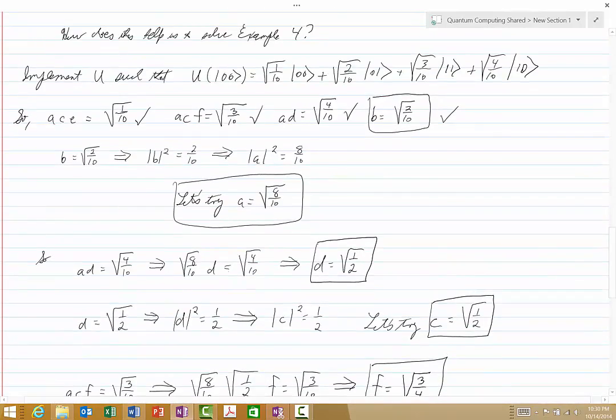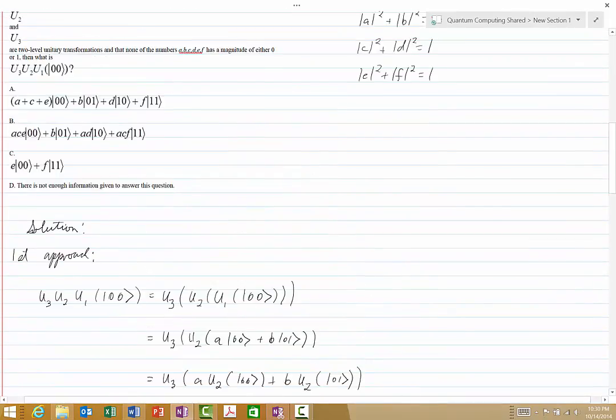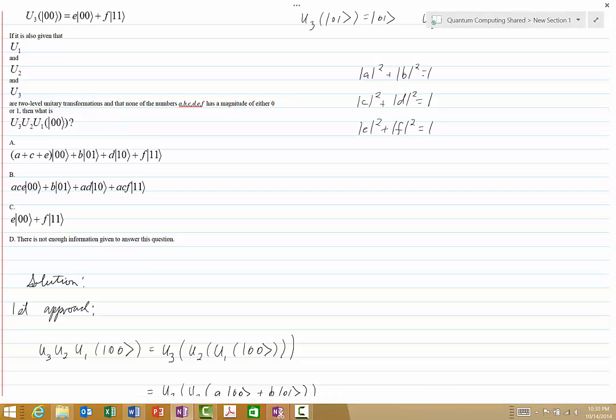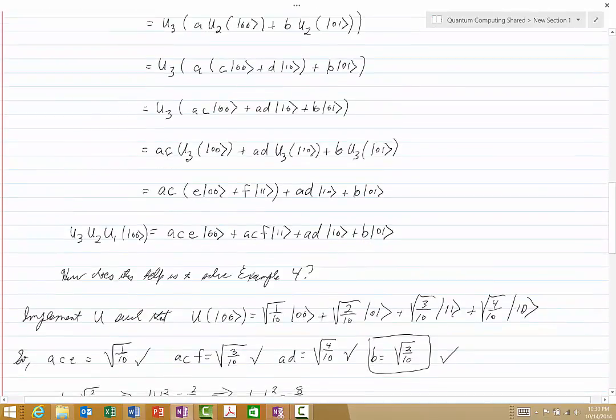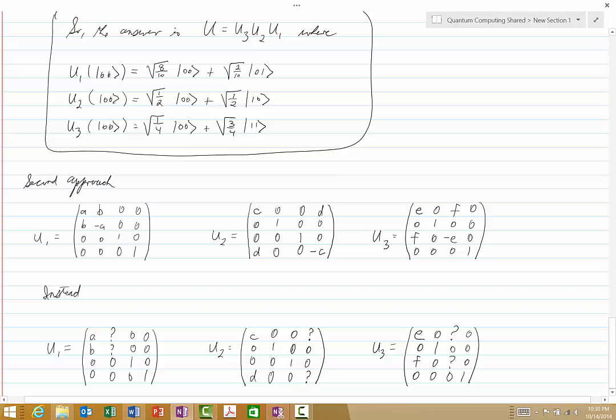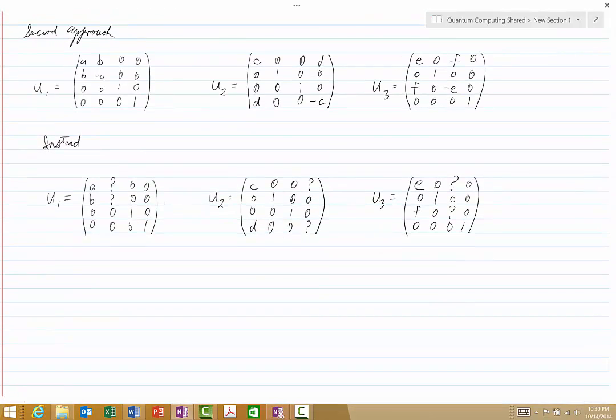Now, again, just to refresh your memory, what we're looking for here is U3, U2, U1 of 0, 0. So now that we have these matrices for U1, U2, and U3, we can calculate this.